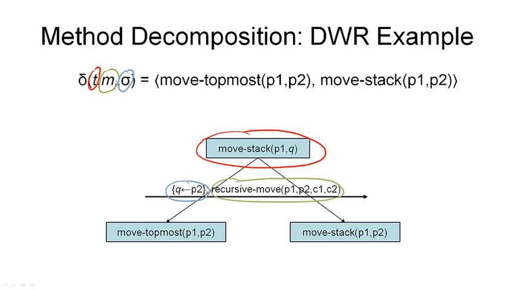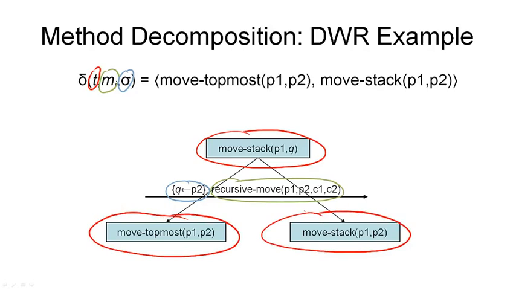Then the children that we have of the node that represents the task that we're trying to decompose are exactly those subtasks that we find in the method. So here it is the first subtask move topmost and the second one to move the stack. The only other thing worth noting is this arrow here that underlines the substitution and the method, and that simply gives us the order in which we have to execute the subtasks.